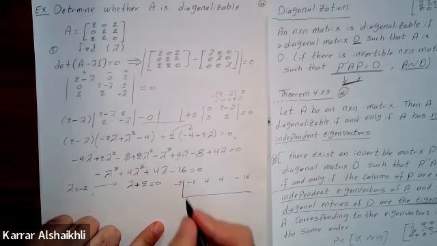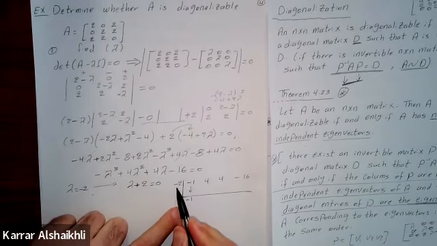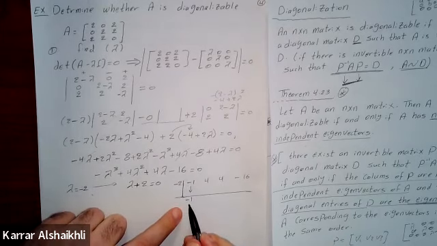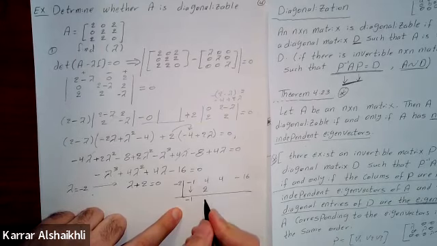Okay. So write down the first number, then multiply this one by this number. -2 times -1 is going to be 2. Then add these two numbers. It's going to be 6. Okay?